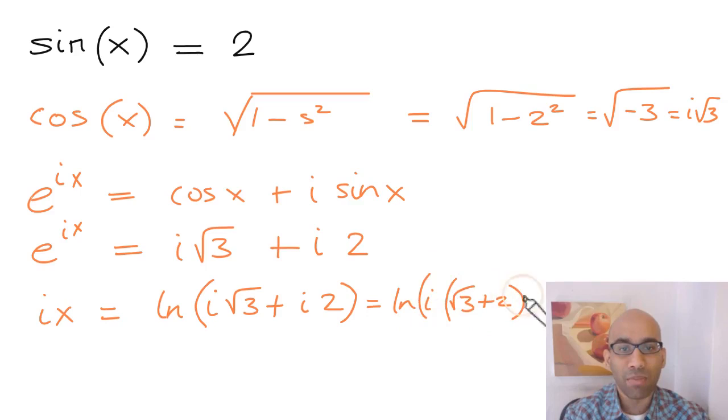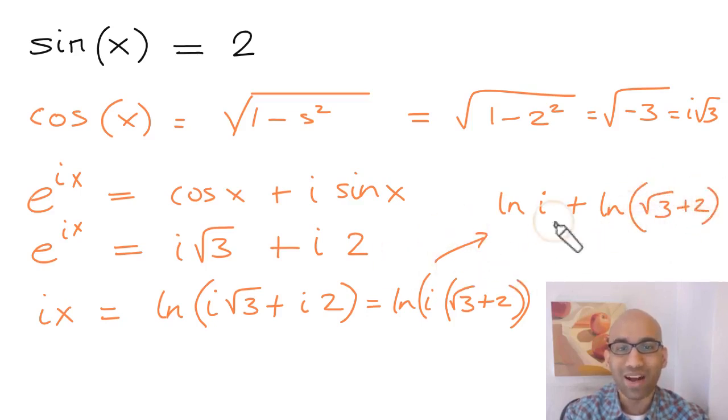And then using the properties of logs, we can write this as log of i plus log of square root of 3 plus 2. And you're almost done now. All you need to find out is the value of log of i.